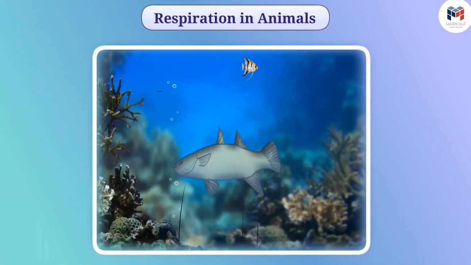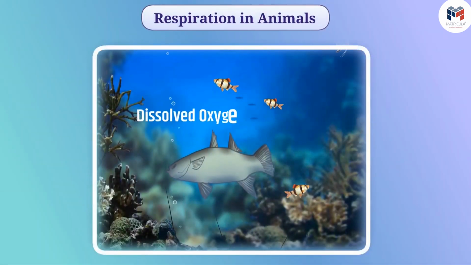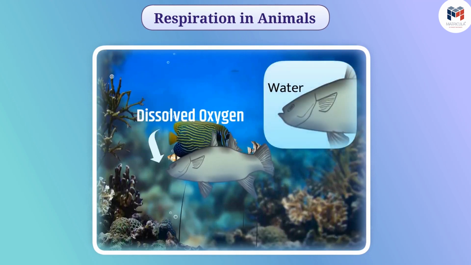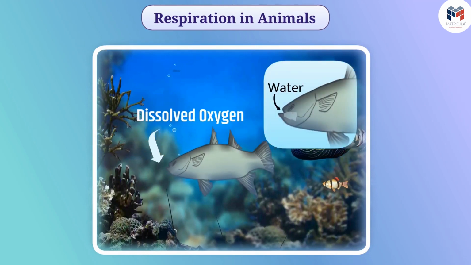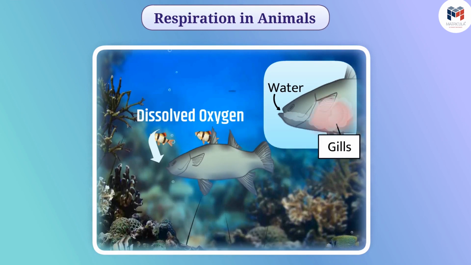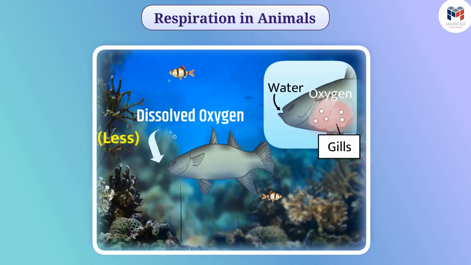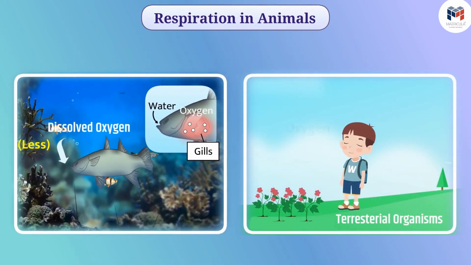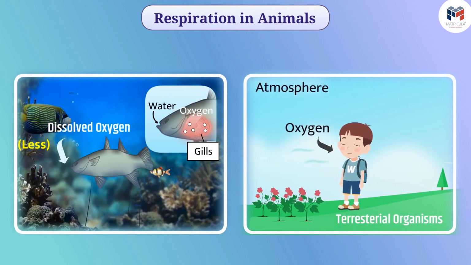Organisms living in water obtain oxygen dissolved in water. The fish takes water inside the body from the mouth and forcefully sends it to pass through the gills. Here, blood absorbs the oxygen dissolved in water. For respiration, terrestrial organisms receive oxygen from the atmosphere.